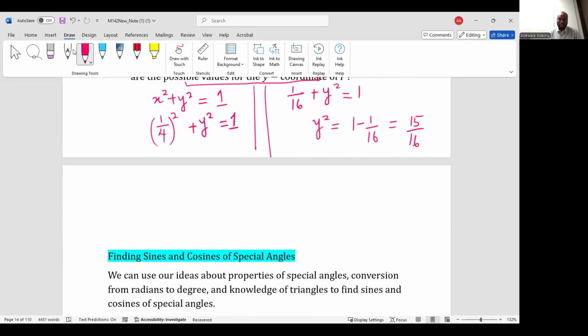Therefore, I can square root both sides. And when I do that, I need to introduce plus or minus here. We have y equals plus or minus square root of 15 over 4. Right? So these are the candidates.